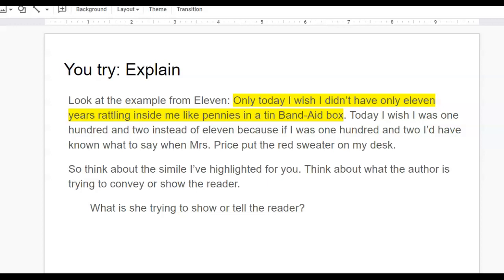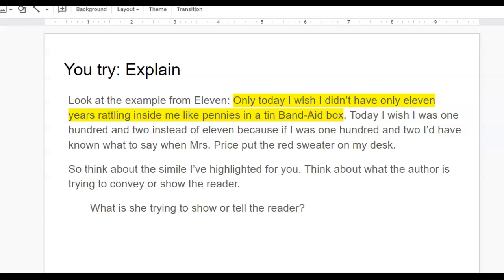So let's read. Only today, I wish I didn't have only 11 years, rattling inside me like pennies in a tin Band-Aid box. Today, I wish I was 102 instead of 11, because if I was 102, I'd have known what to say when Mrs. Price put that wet sweater on my desk. So think about the simile I've highlighted for you. Only today, I wish I didn't only have 11 years rattling inside me like pennies in a tin Band-Aid box.